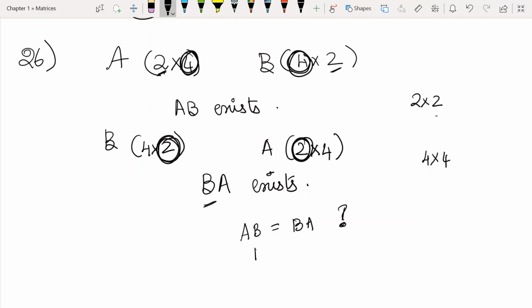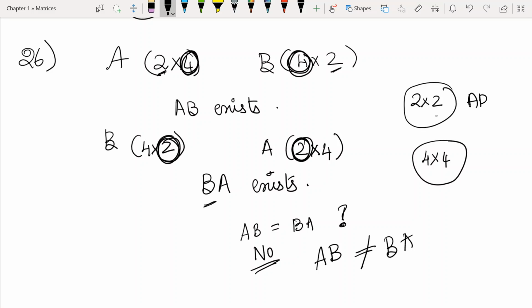No. AB is not equal to BA, because this is the resultant of AB and this is the resultant of BA. We'll get 4 rows, 4 columns. We'll get 2 rows, 2 columns when we multiply this. Are we clear?